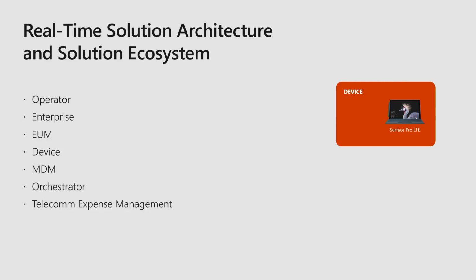One of the things, lastly, that I wanted to mention is the telco expense management. One thing, and I mentioned this earlier as a gap, is that there's no visibility over how data is being used, and no control or monitoring of the data usage. So we have partnered, and I'll mention who, with some third-party vendors that have a relationship with Intune.